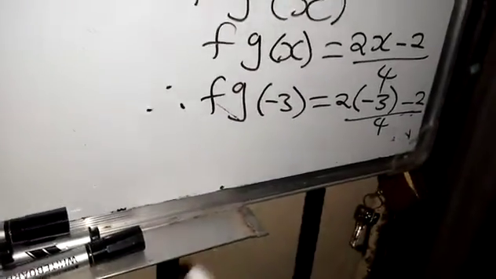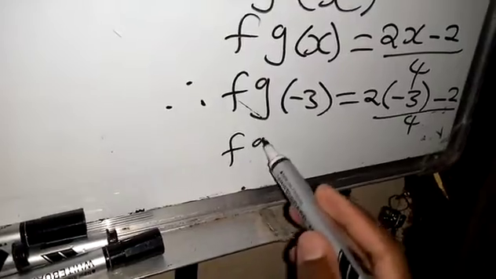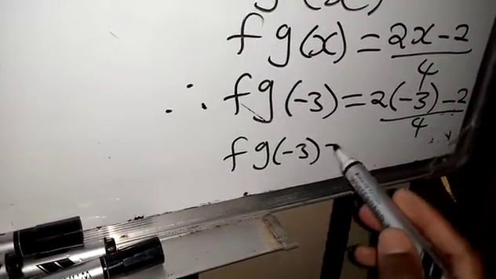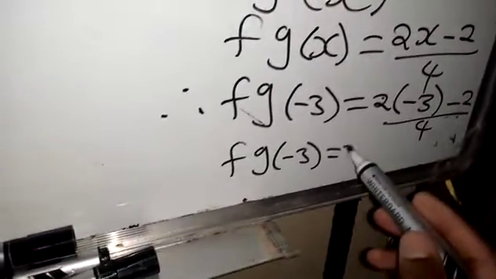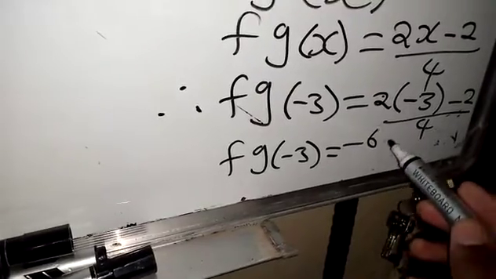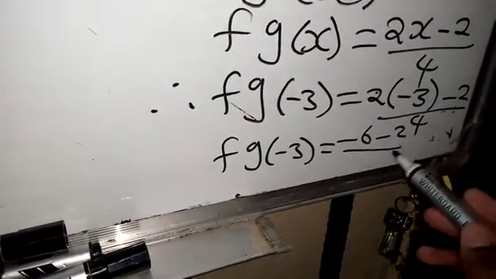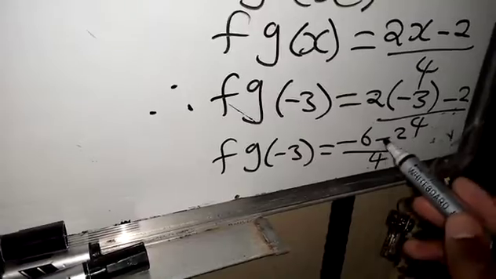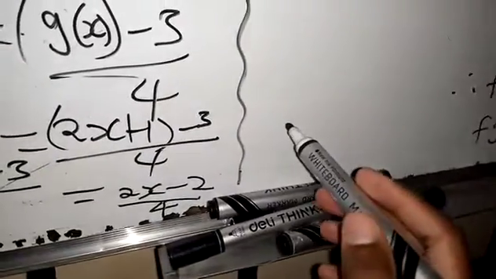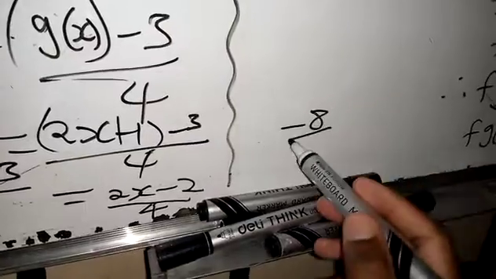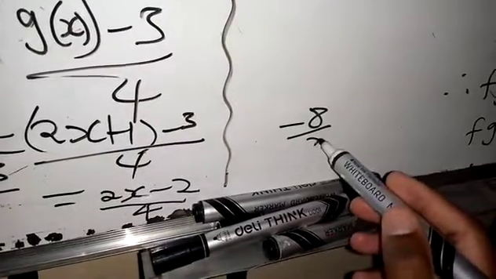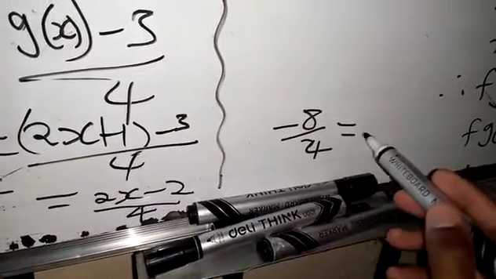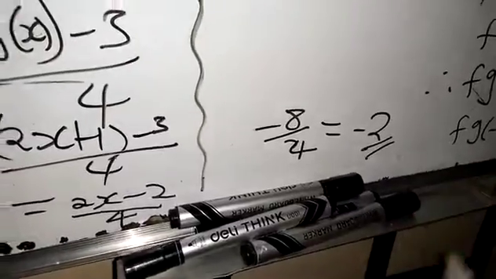Then you multiply these two, you get negative 6 minus 2 over 4. When signs are the same, keep the sign and add the numbers. It will give us negative 8 over 4, and the final answer will be negative 2.